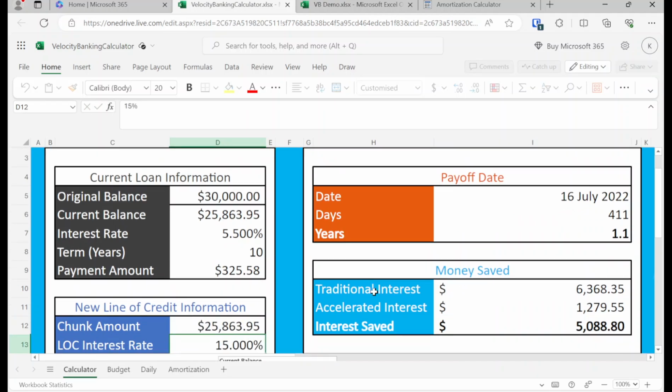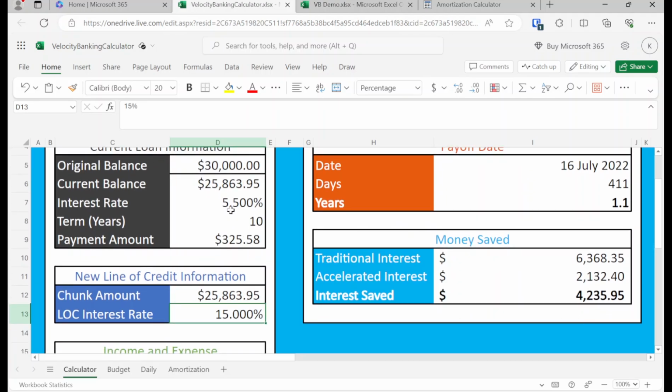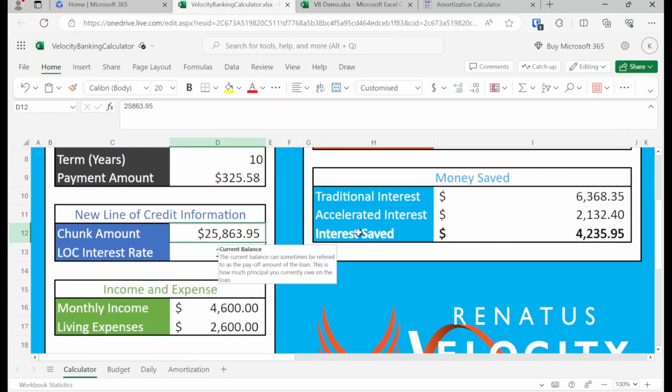So 25,863.95. Okay, so originally I was going to pay $6,000, and the interest that I'm going to pay is $2,000, putting the entire thing into a line of credit, right? But let's just do little chunks and see what difference that makes, if any. So 4,600. So remember this number, 2 grand, 2,100, right? So you see how you save like 1 grand in interest, right?